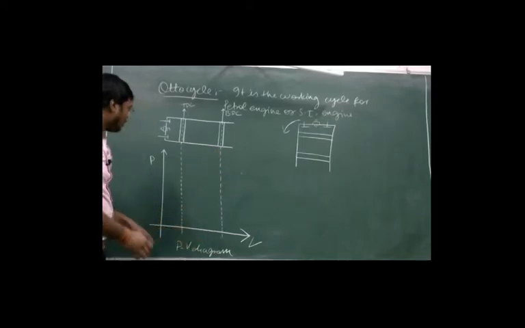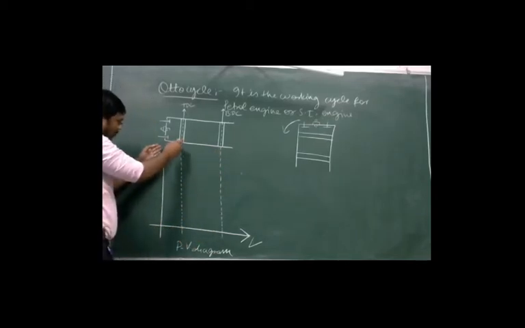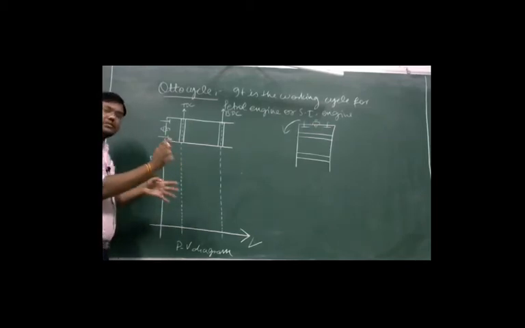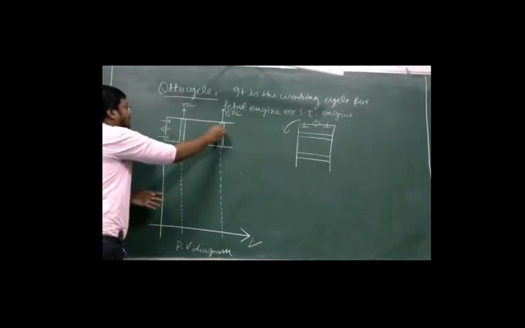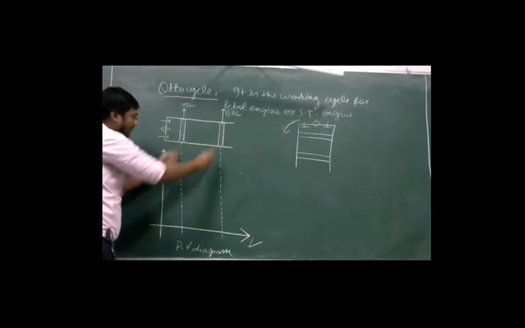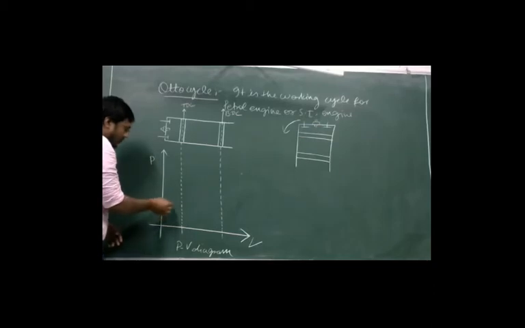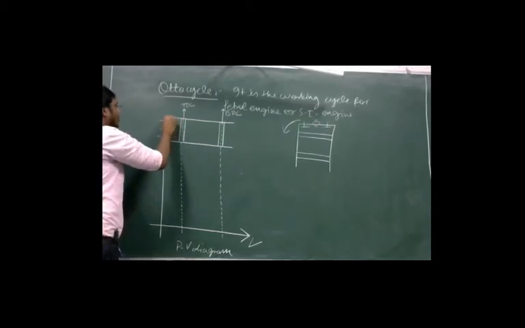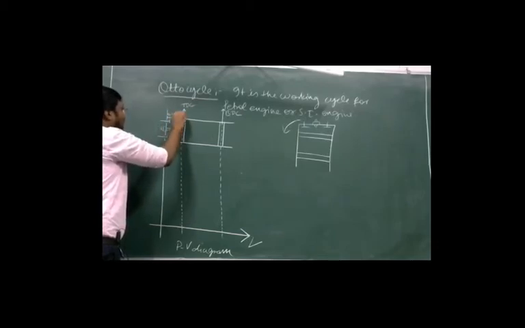So what is this empty space on the PV diagram? This is the empty space because all the processes happen between TDC and BDC, means between these two lines. So what is this empty space? If you go to the basic structure, you know this space is nothing but clearance volume.